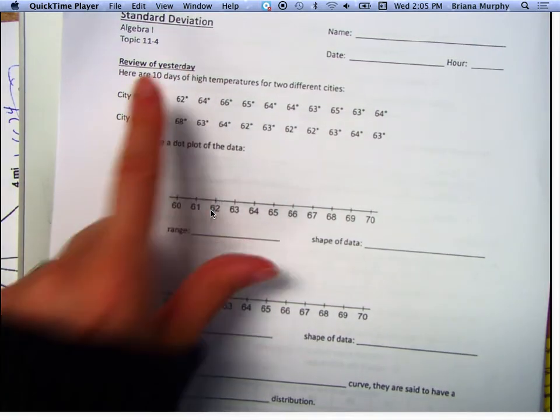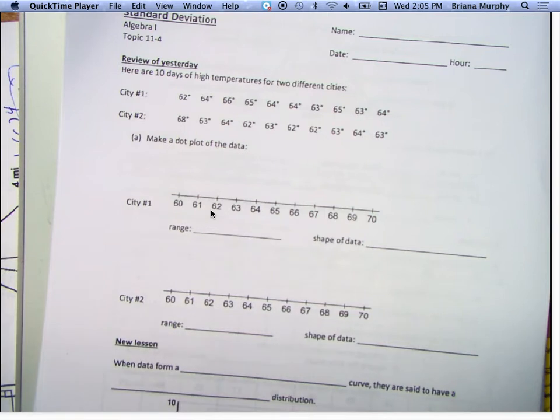Don't put them all in the same one. There's city 1 and city 2. Erase if you have to.